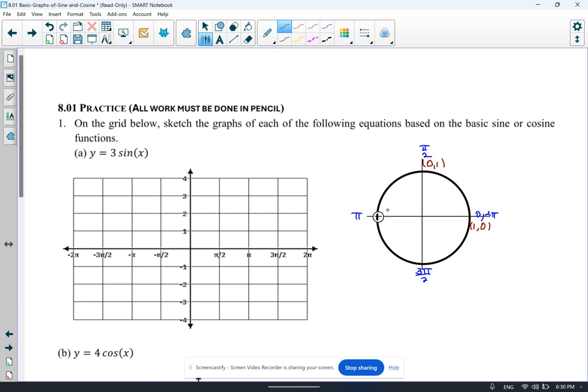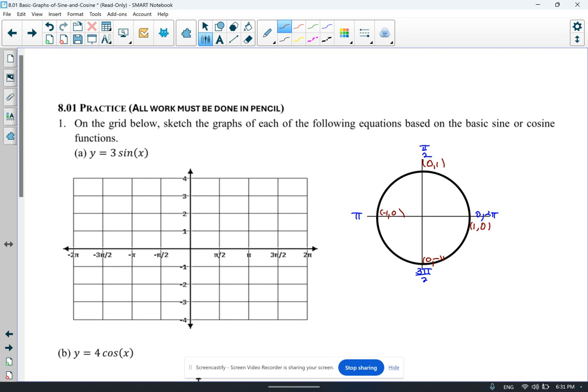That's a -1. Let's make that a little more clear. -1, 0, and this is 0, -1. So if I'm looking to graph 3 sine of x, sine is the y coordinate.